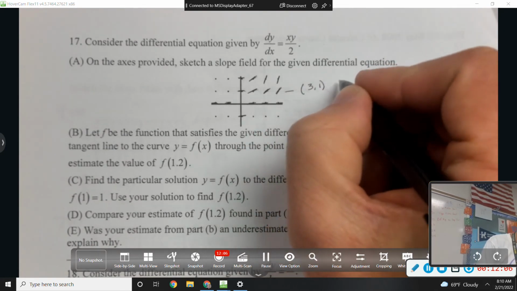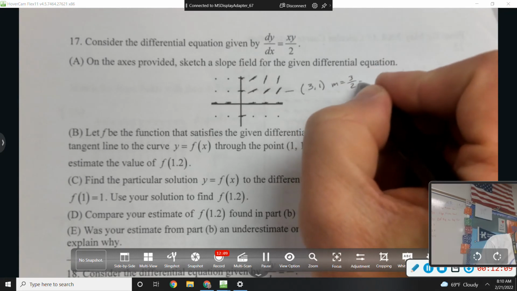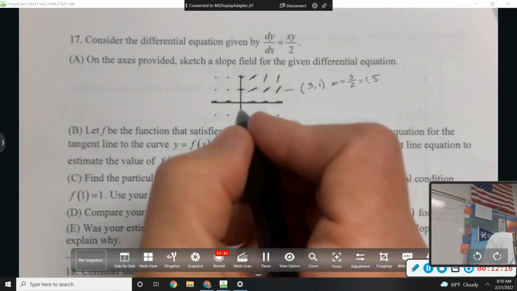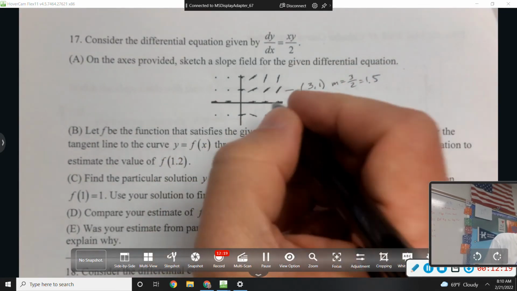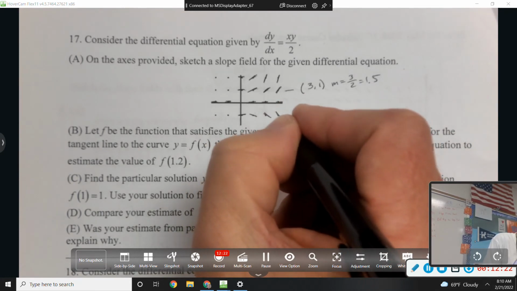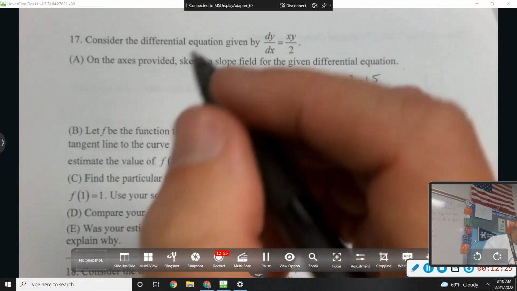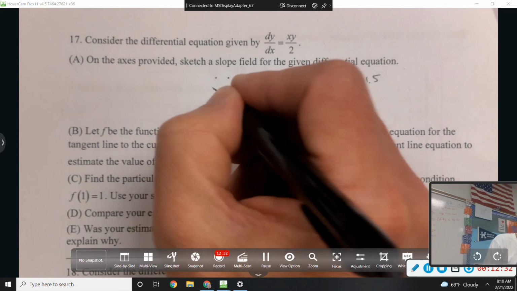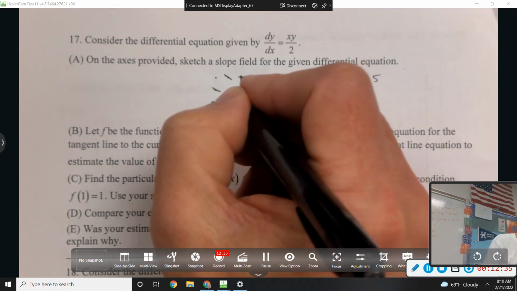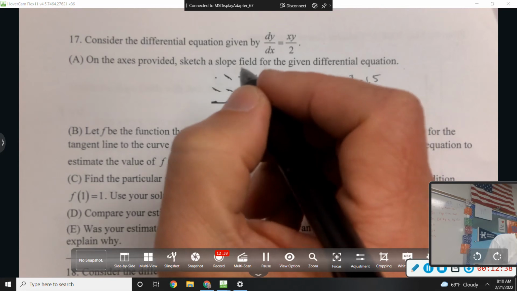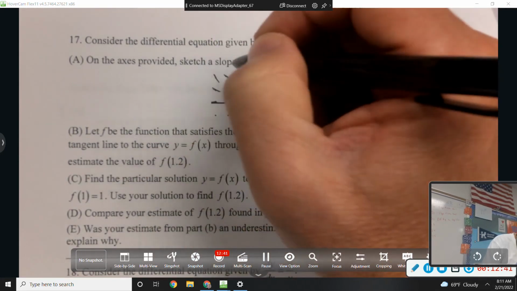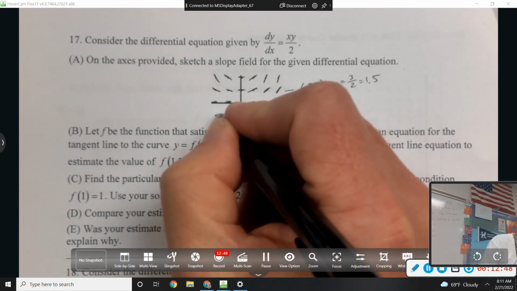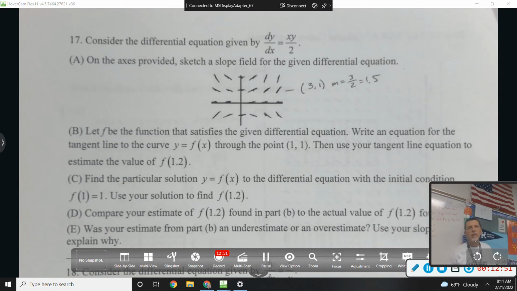At 0.3, 1, the slope would be 3/2 or 1.5. There's our picture.